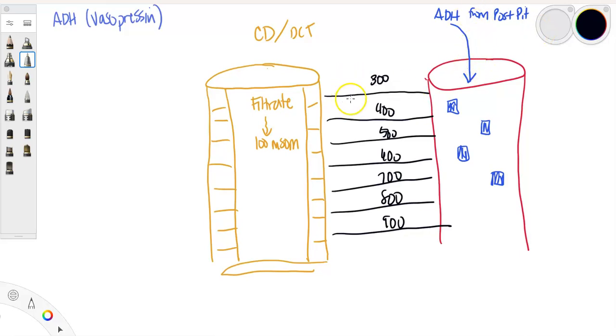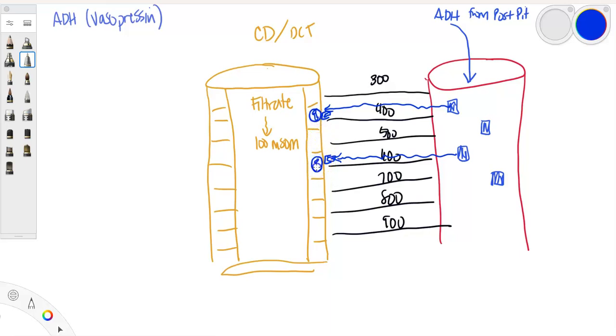So ADH basically comes over and it binds to the cell, okay, and what it does is it signals a vesicle that contains aquaporins.